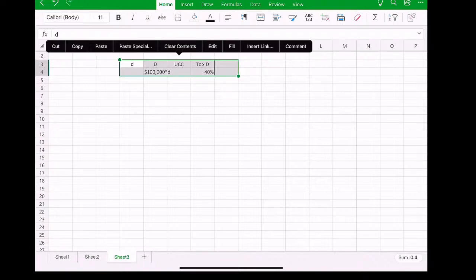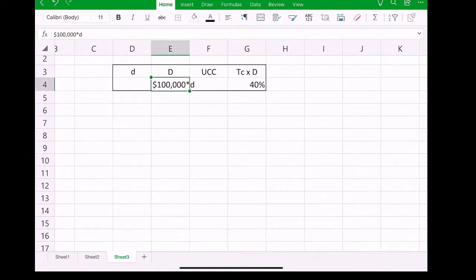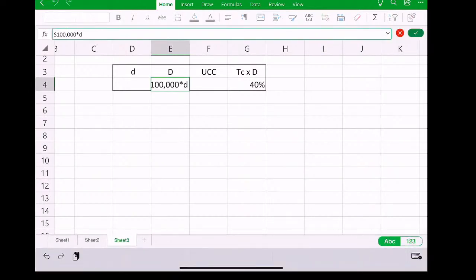And the tax rate is 40%. Okay, so this is the same. But I have to change this one to 3 million.